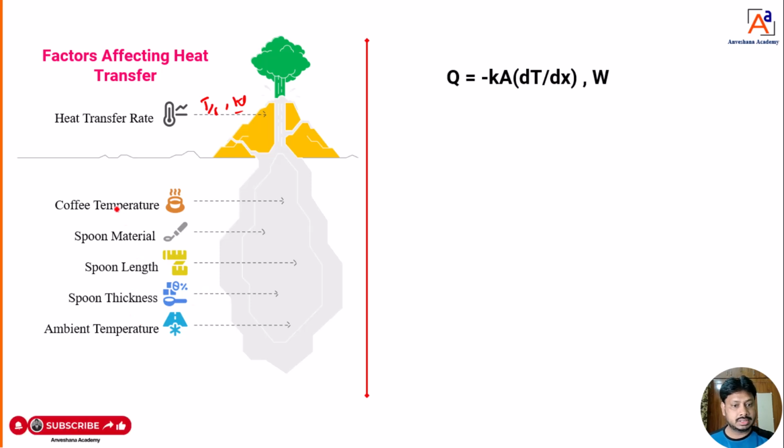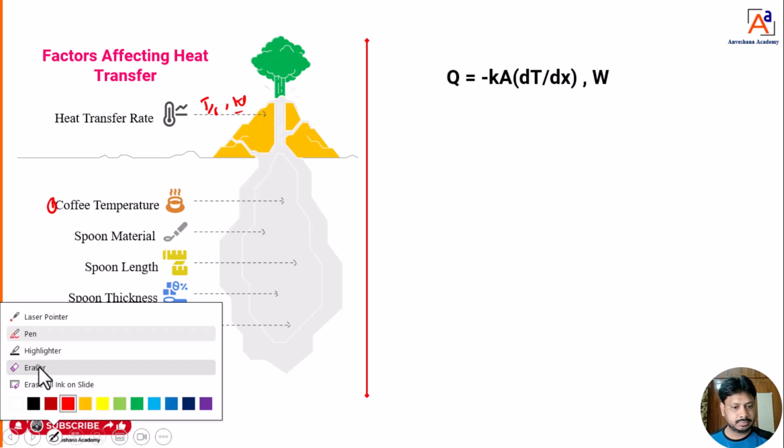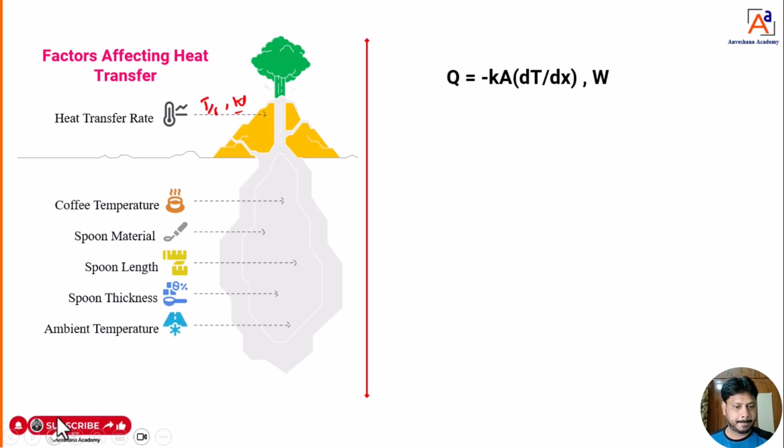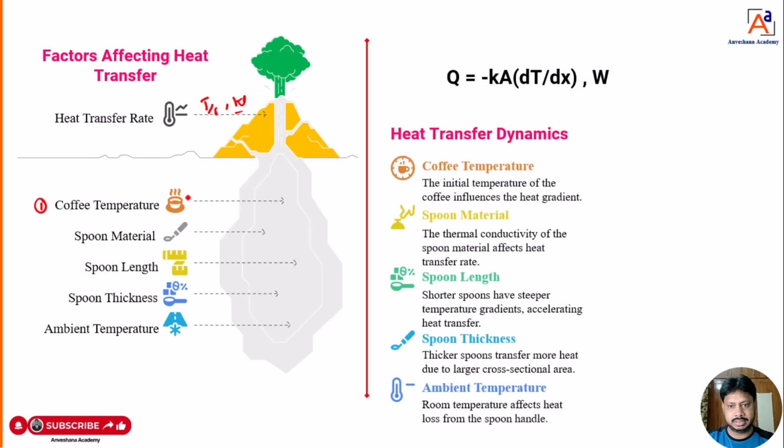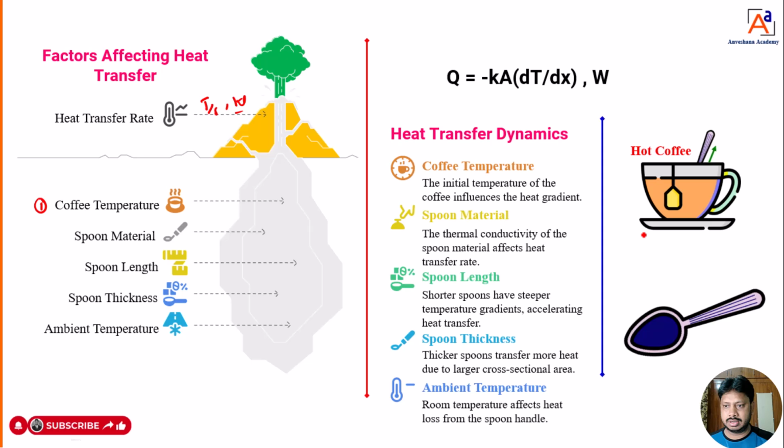Okay, fine, dear students. Then the first factor which is going to affect the rate of heat transfer, what is the first factor? Coffee temperature. If I take a coffee cup, if the temperature of the coffee is 60, then the rate of heat transfer is different. If it is 70, the rate of heat transfer is different.